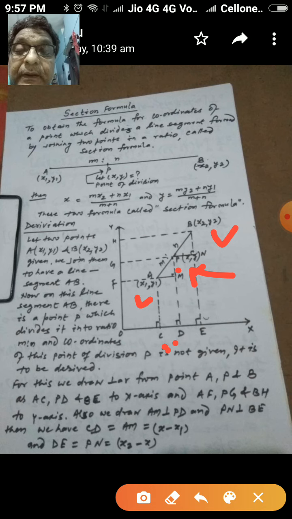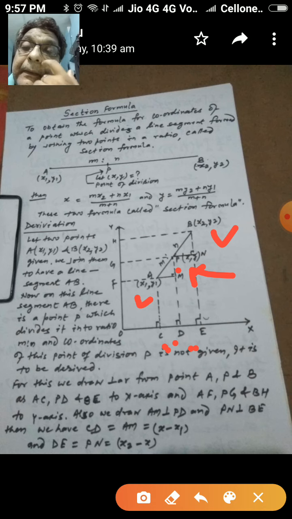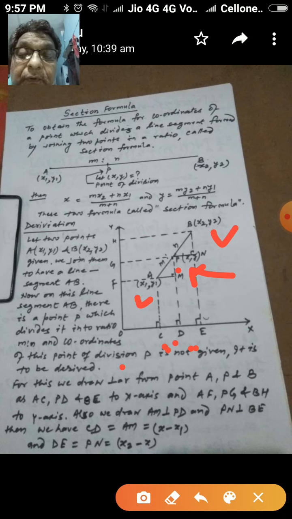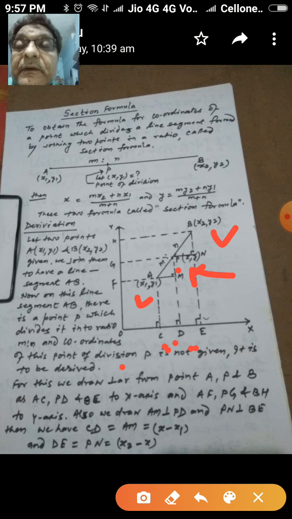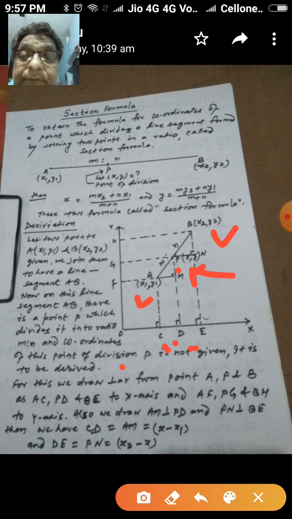Similarly, the distance of point D from the origin is x, because point P has x coordinate equal to x, and OE will be equal to x2 as point B has x coordinate equal to x2.